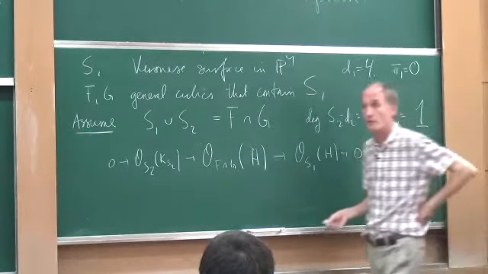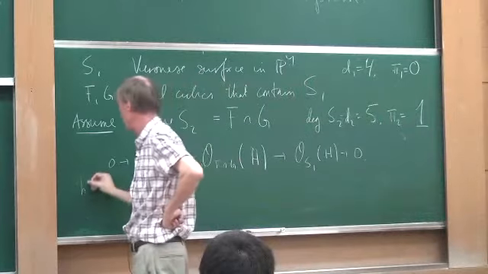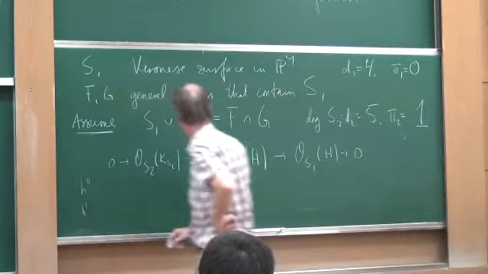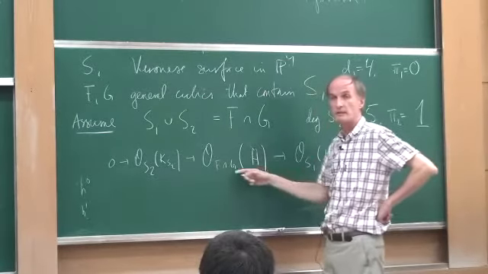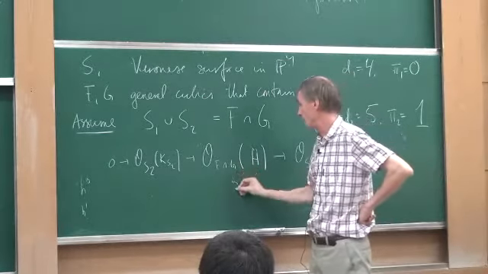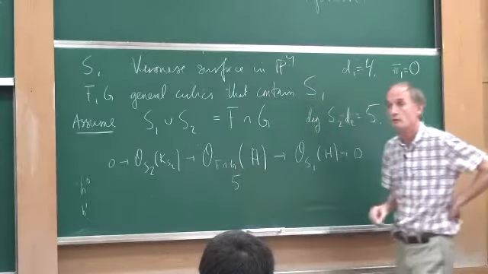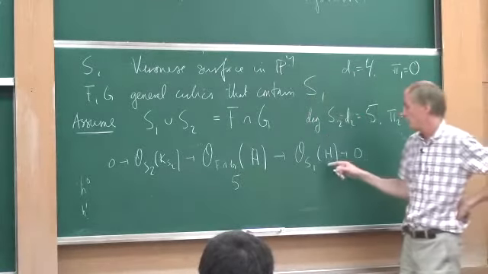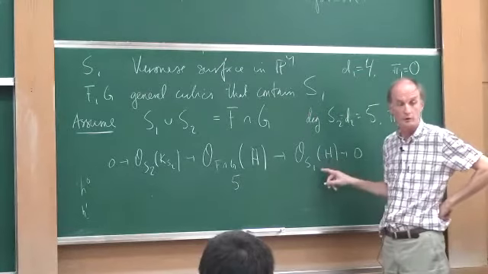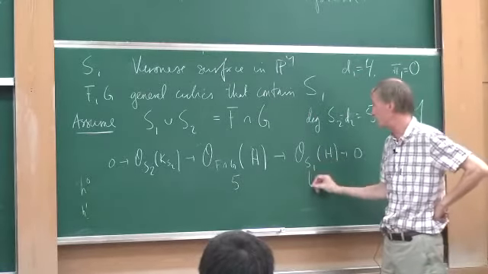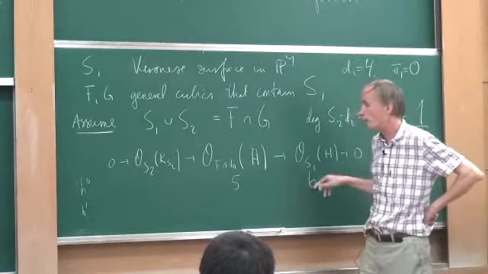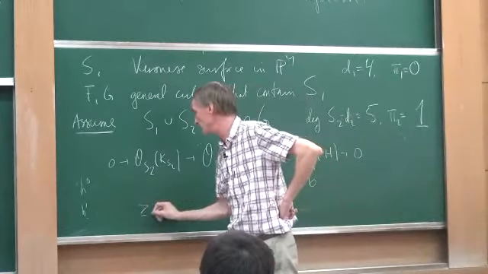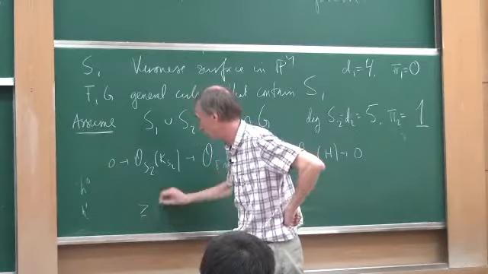And I look at the cohomology, of course. And I see in the middle here, this is a complete intersection, so I have exactly 5 sections for OH. This is the Veronese surface. I have 6 sections for OH. It was a projected Veronese surface. So therefore, this thing here is at least 1.